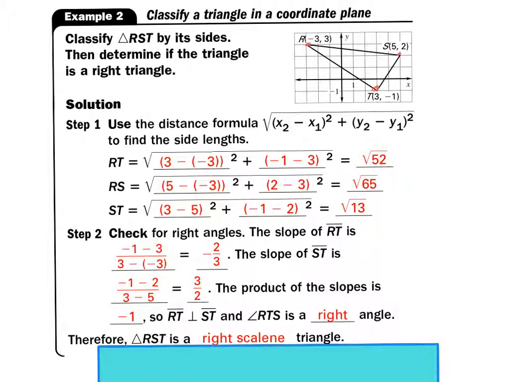Once the coordinates are given, you can use the distance formula, which is the square root of x2 minus x1 squared plus y2 minus y1 squared. Just a reminder, this is not to be confused with a midpoint. Remember, midpoint formula is like taking an average of your grades. If you scored 100 in the first test, 90 in the second test, the midpoint is the average of the two.